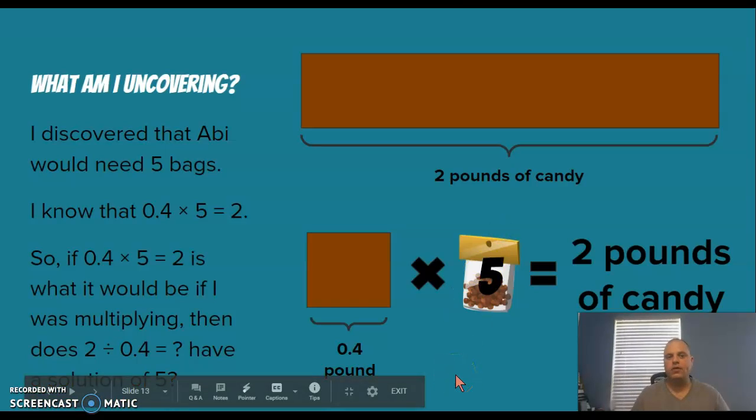Now, I discovered that Abby's going to need 5 bags. She's going to multiply 4/10 times 5 to get 2. So again, 4/10 times 5 equals 2 is if I'm multiplying. So does 2 divided by 4/10 equal 5?